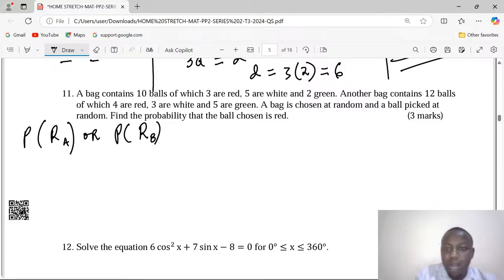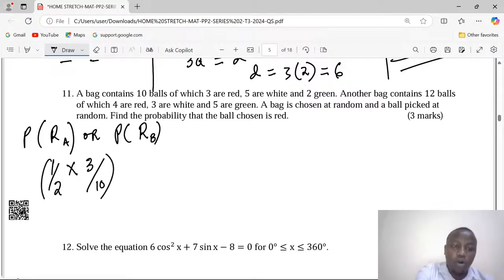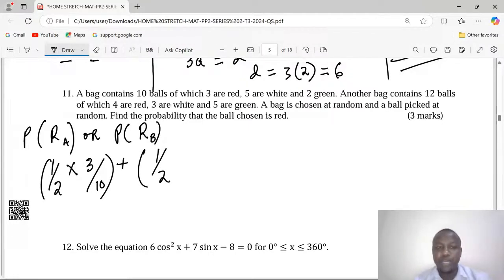This means from bag A, we are first of all picking the bag, half, multiplied by picking red from it, which is going to be 3 out of the total, which is 10. Or in the second bag, half, the probability of picking the bag, because the probability of picking either of the bags is just half.